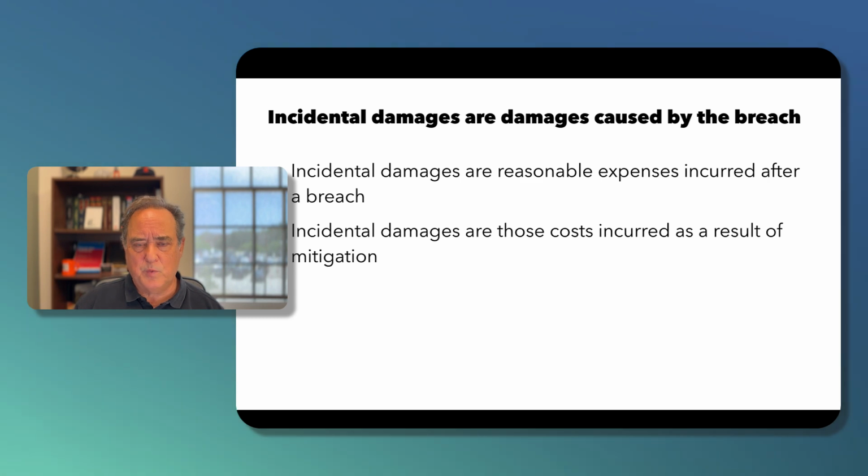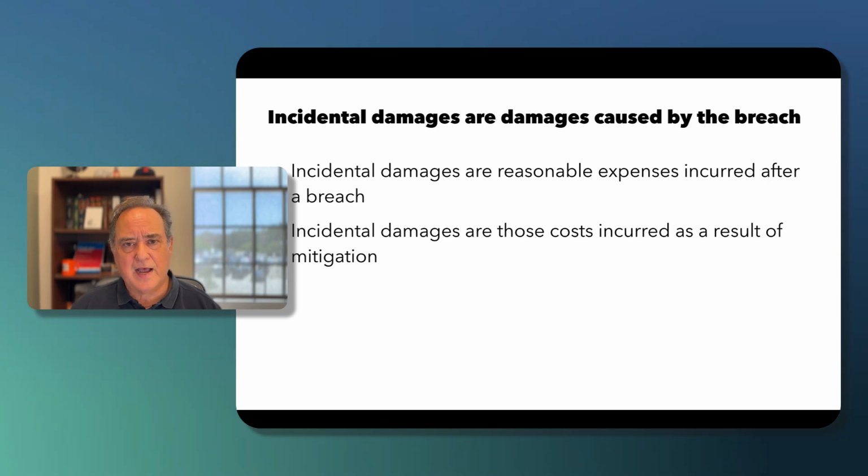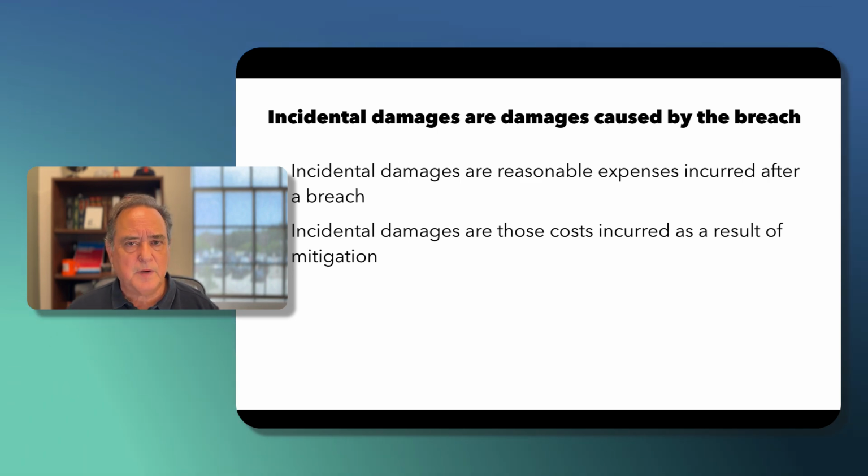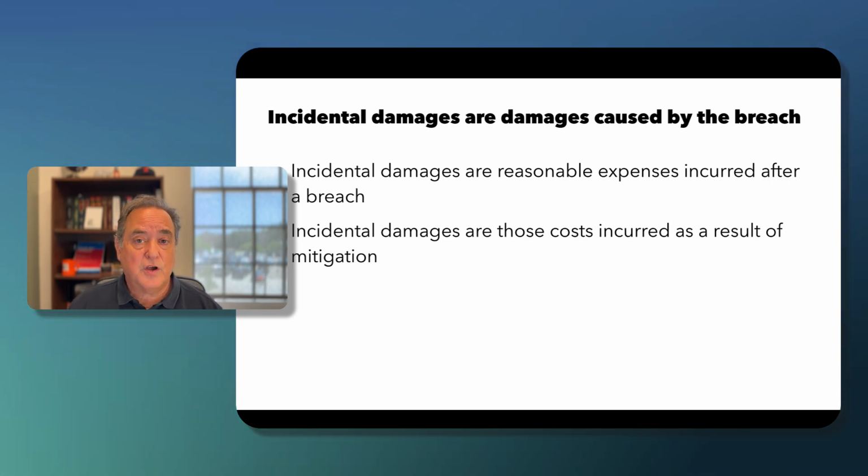When a seller breaches and a buyer has to go out on the market and research and find additional items that may be more expensive than they were contracted to pay, obviously they're going to get the difference between the contract price and the market price, but they have spent time and money in going out to purchase substitute goods. And therefore, they have incurred those damages as well. So those are called incidental damages.